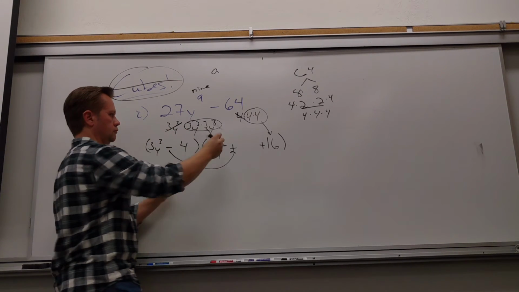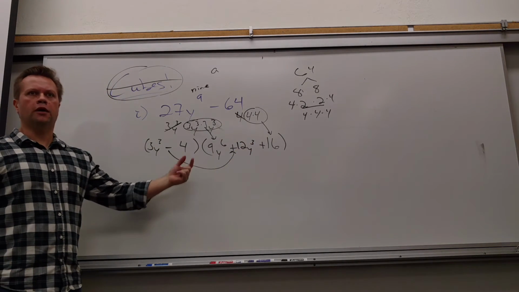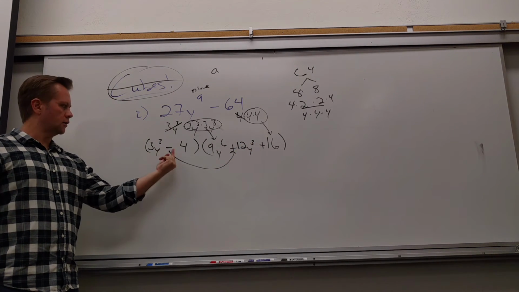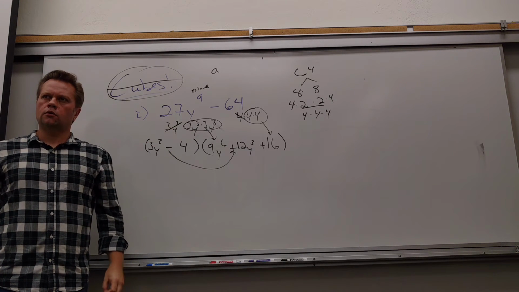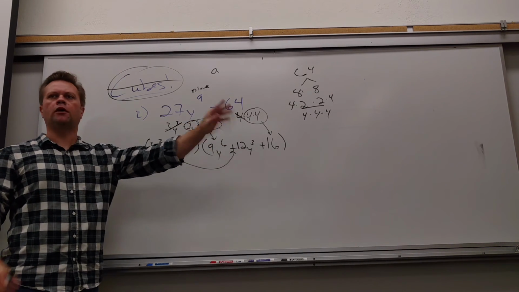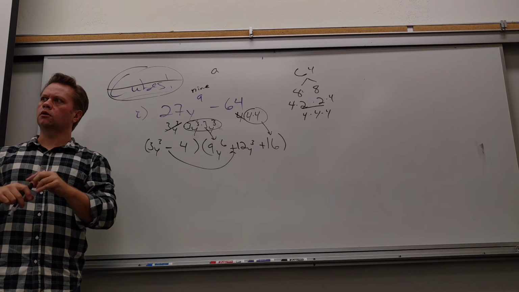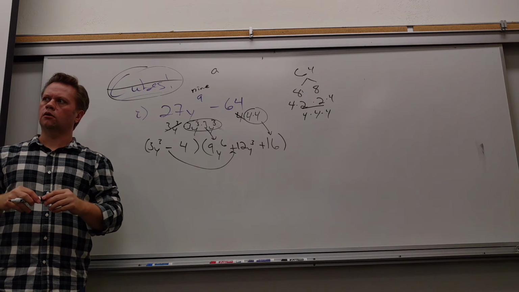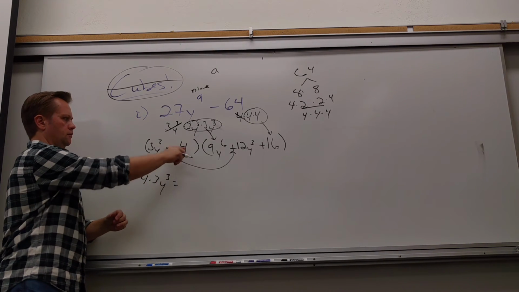The middle term is always this times this, with the opposite sign. Why is that? Because that's what makes all the extra stuff I don't want disappear. 3 times 3y cubed times 4. What's 4 times 3y cubed?